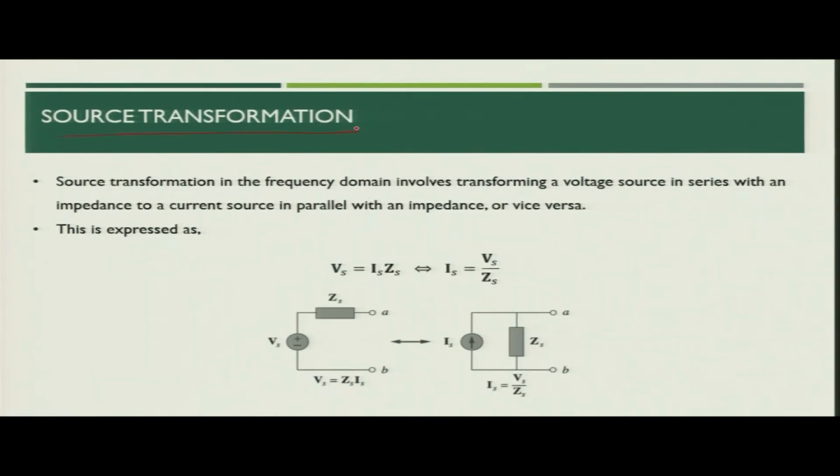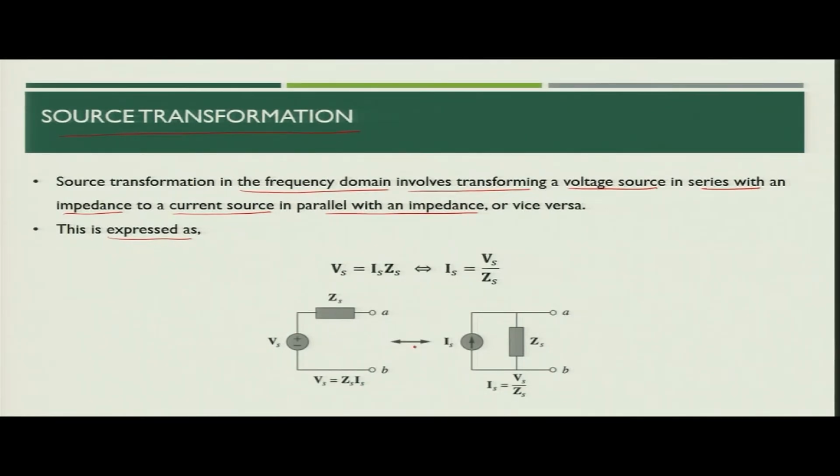In the frequency domain, source transformation involves transforming a voltage source in series with impedance into a current source in parallel with impedance, or vice versa. That means a current source in parallel with impedance can be converted into a voltage source in series with an impedance. How will we express them? We express it as Vs in series with Zs, that is the impedance, where Vs is nothing but Zs times Is.